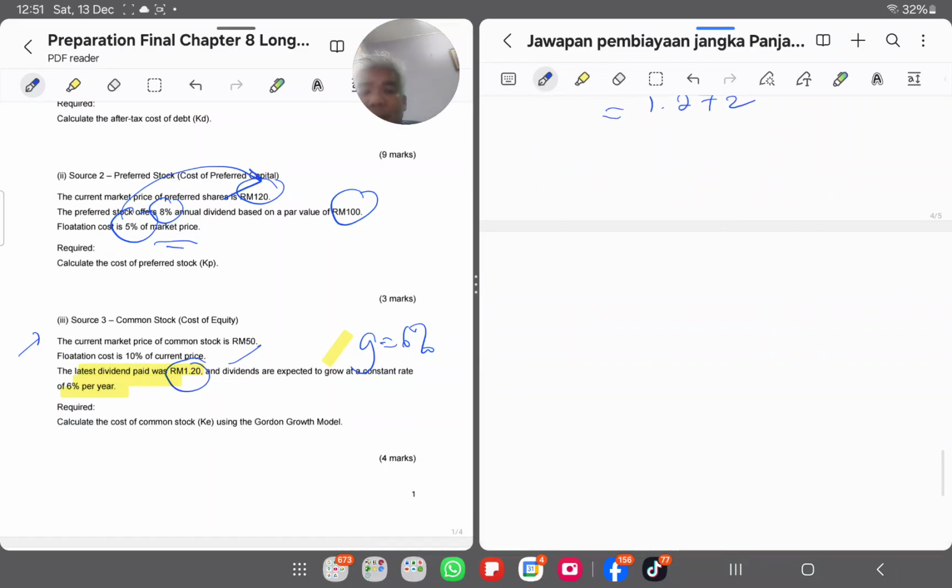And then next you need to calculate the Gordon growth model.